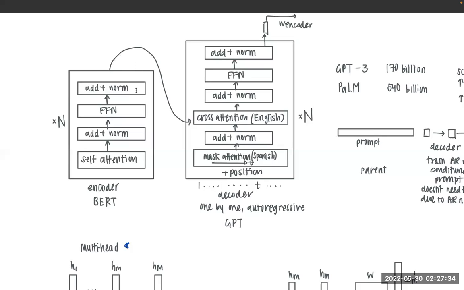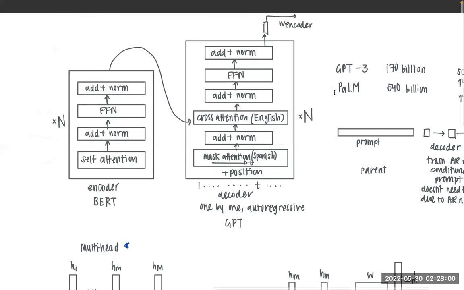Those vectors are fully contextualized by talking to each other, so that each vector actually encodes the meaning of the whole sentence from the perspective of this particular word. And then you let the final layer of vectors be the input for the decoder, so that you can decode the words in Spanish one by one.